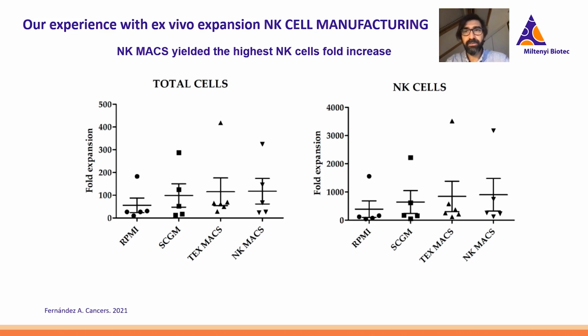We have 903-fold expansion of NK cells, and RPMI was the lowest expansion with only 388-fold increase. So NK MACS yields the highest NK fold increase, so it is the recommended medium to expand NK cells.